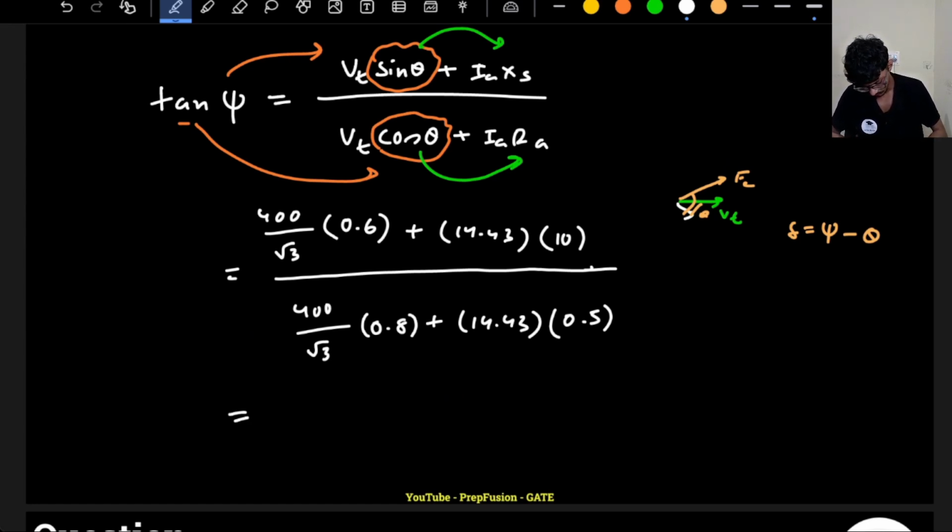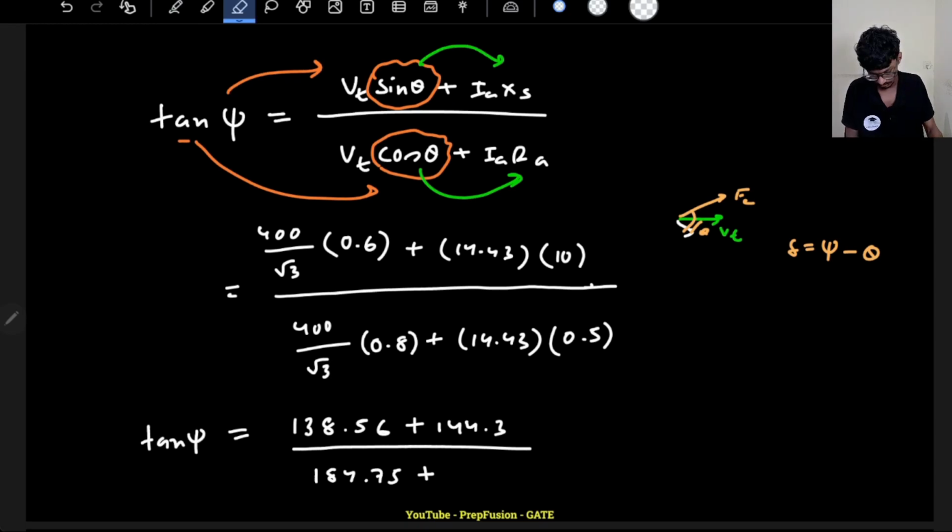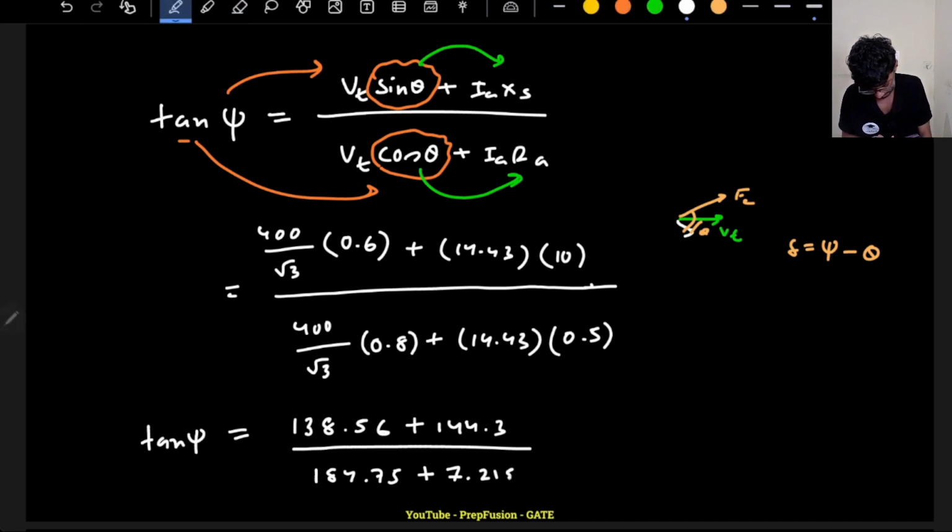If I just calculate the values, 400 divided by root 3 into 0.6 will be 138.56, plus 144.3, divided by 400 divided by root 3 into 0.8, which is 184.75, plus 14.43 into 0.5, which is 7.215.